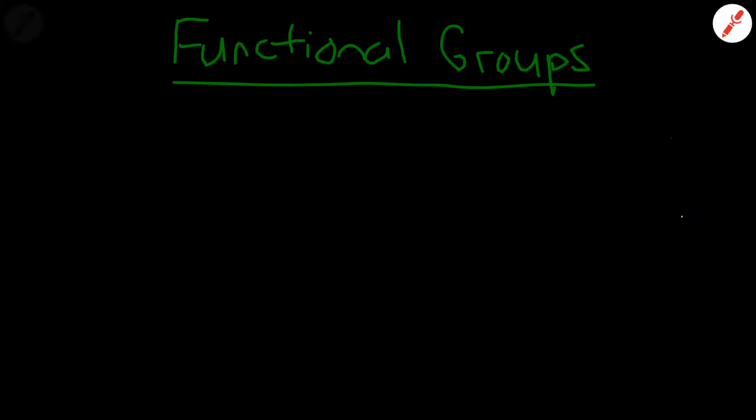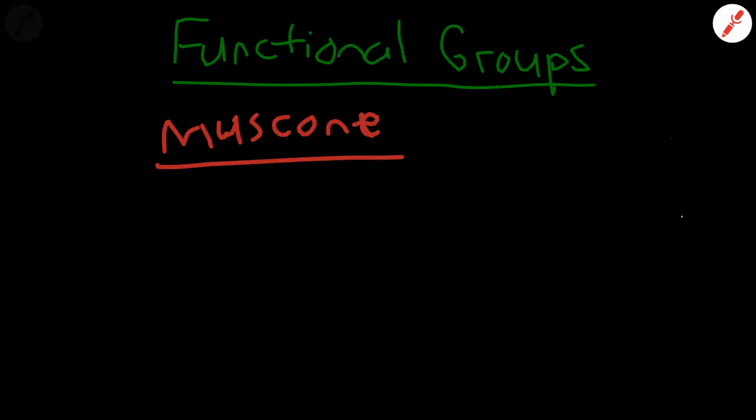So next, we have muscone. It's an E and a U. There we go. Alright, so muscone has a structure that looks kind of like this.